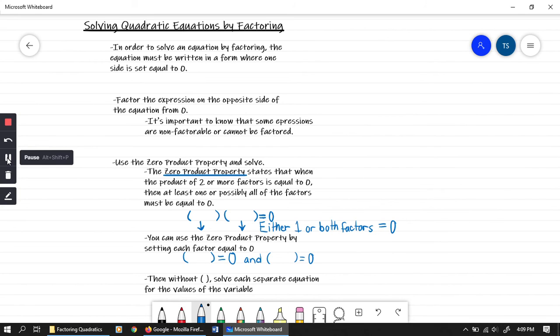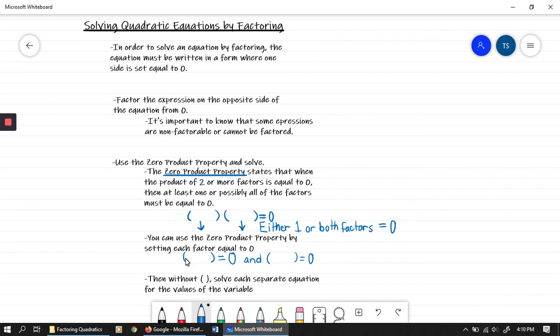So, after you have used the zero product property by setting each factor equal to 0, what you want to do is, without the parentheses, solve each separate equation for the values of the variable. So again, you use the zero product property by setting each of those factors equal to 0, and that's going to give you separate equations.